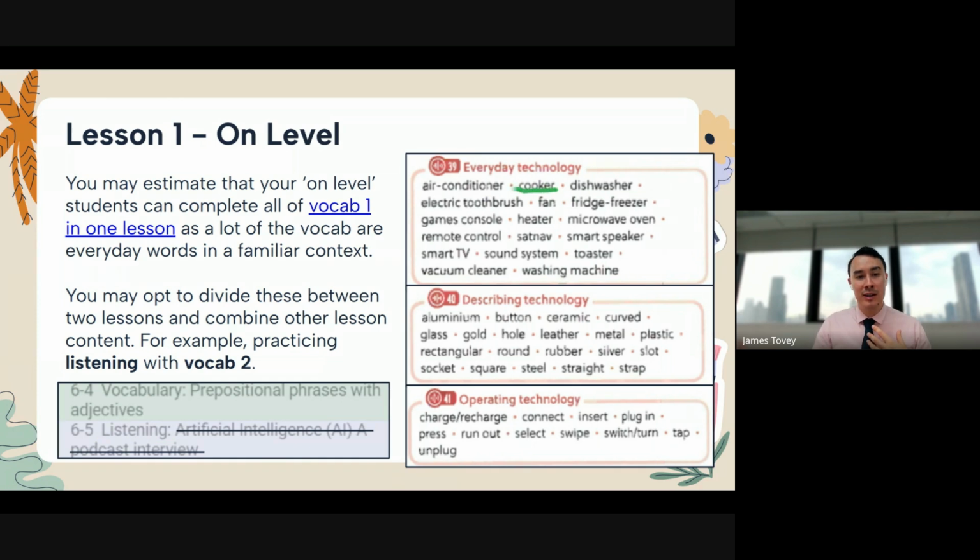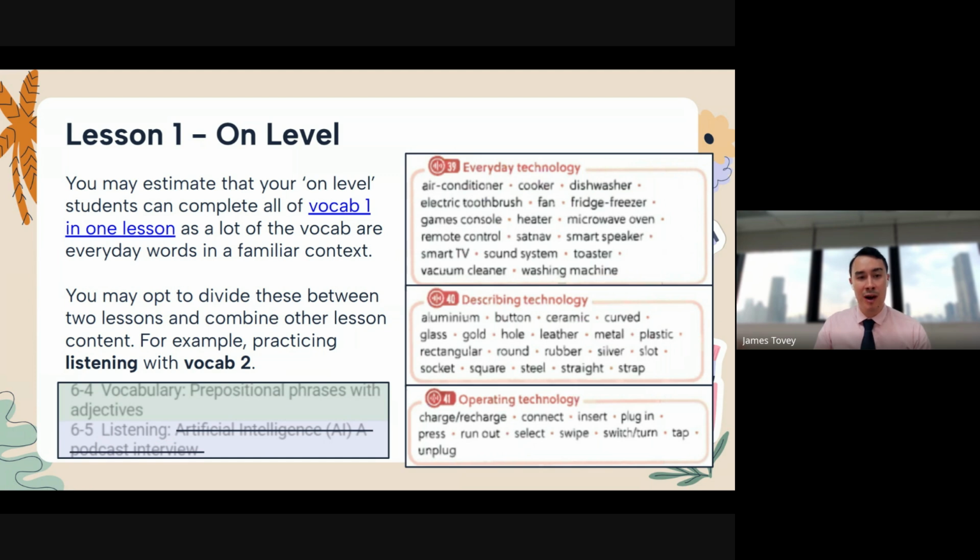In this case, a cooker is what I would personally call a stove. So maybe you want to introduce that concept of having different words for the same thing, depending on the level of your students and what you use as normal speech yourself. That's a consideration to include.